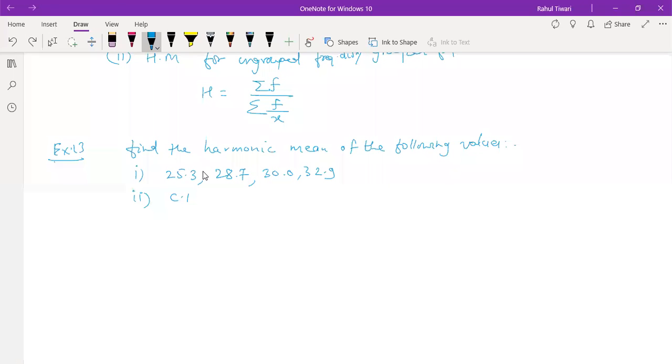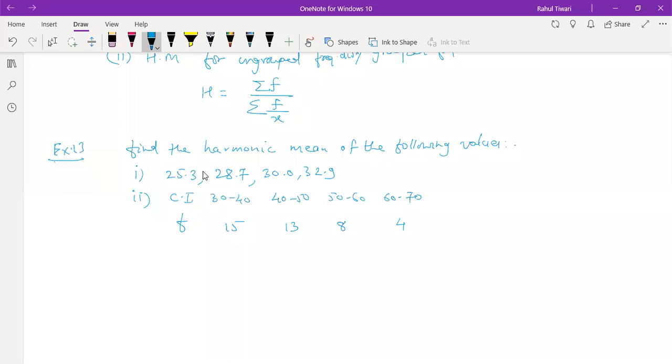Class interval, frequency. 30 to 40, 40 to 50, 50 to 60, 60 to 70. 15 or 13, which is 28. 28 and 8 is 36, and this is 40.